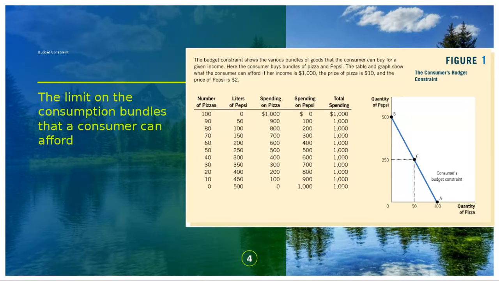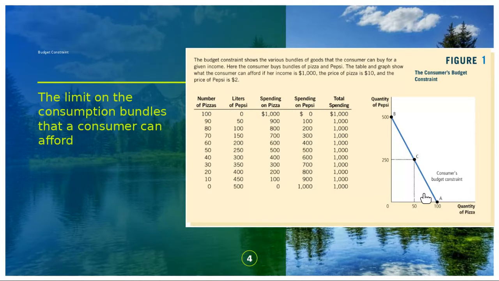Now, we're going to take that $1,000 example and elaborate it further. We're going to add two goods. In this case, we're going to look at the price of pizza, which is $10, and the price of Pepsi, which is $2. Now, if we come over here and zoom in, we can trace out the consumer's budget constraint, this point B, C, A, and all the points in between.